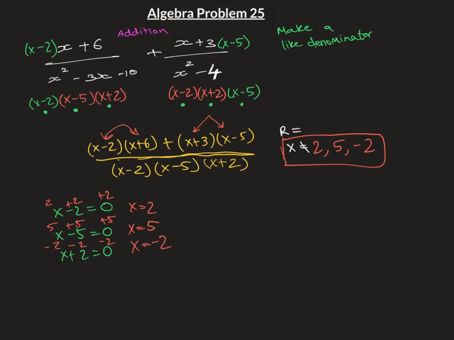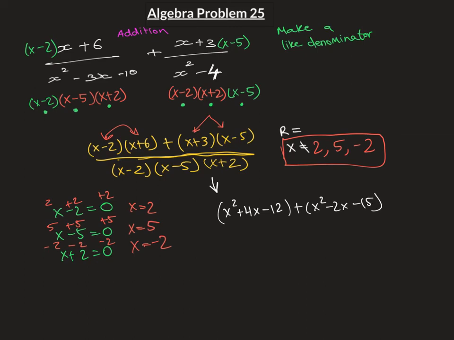You would get x squared plus 4x minus 12. And then plus, what's x plus 3 times x minus 5? x squared minus 2x minus 15.